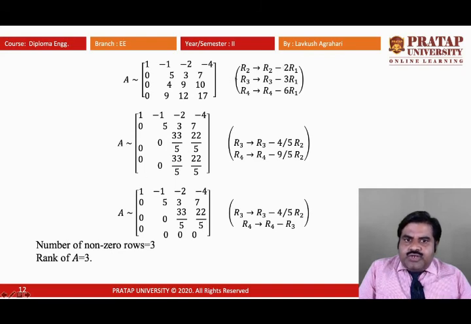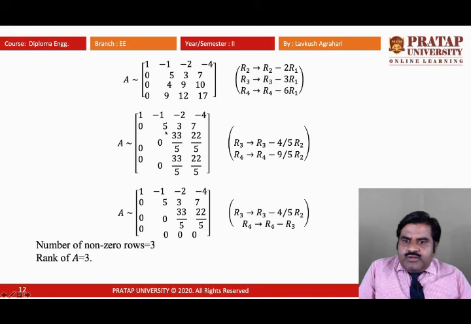Now there are three operations. R2 is replaced by R2 minus 2R1. R3 is replaced by R3 minus 3R1. R4 is replaced by R4 minus 6R1. By these operations, we obtain the elements of the first column equal to 0 except the element A11.